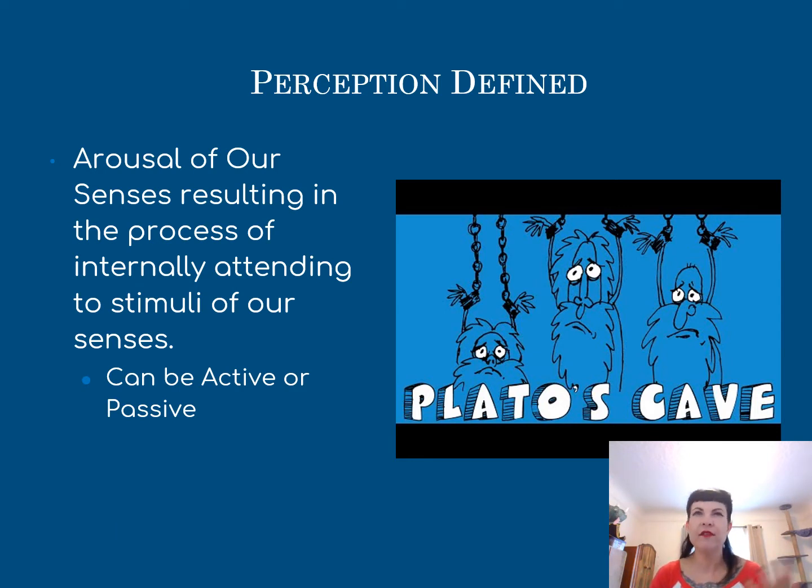Think, for instance, of when you're listening to music. If you just have music on in the background while you're studying, you might not really be paying attention to the music itself, but if a song comes on that you really like, now you might be engaged, singing along, dancing along. So perception can be really active, where we're really engaging in it, or it can be something more passive.